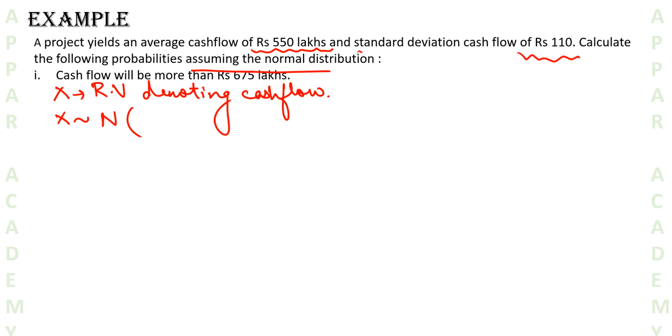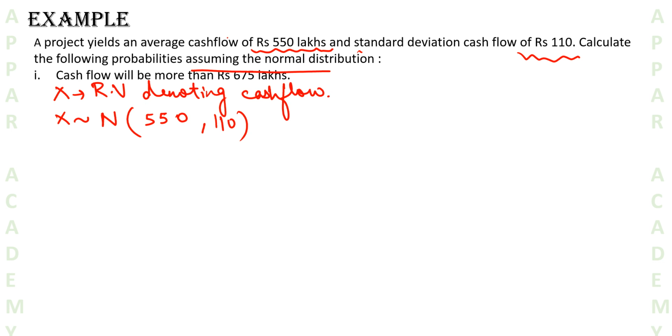X follows a normal distribution with mean 550 and standard deviation 110. Please note that these are all in rupees, but we are talking in terms of numbers over here. Right? So we have got this.